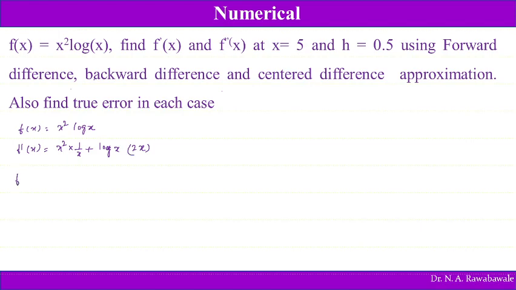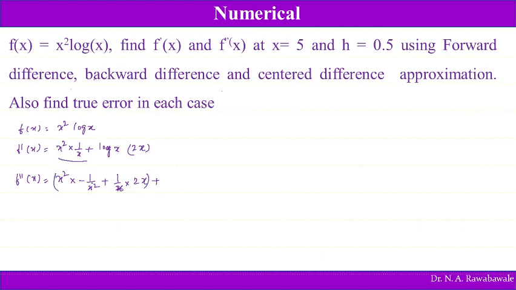Again f double dash of x, the second derivative: first function as it is, x square, derivative of 1 over x is minus 1 by x square, then plus second function as it is, 1 by x, into derivative of first function 2x.